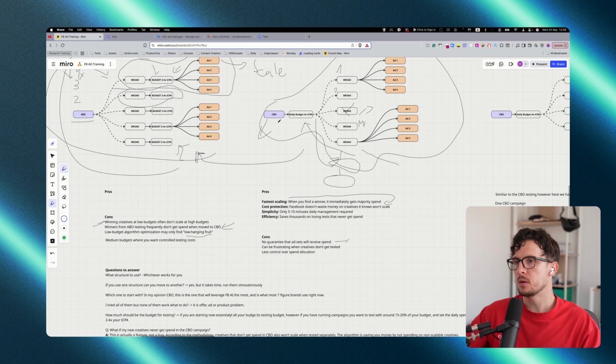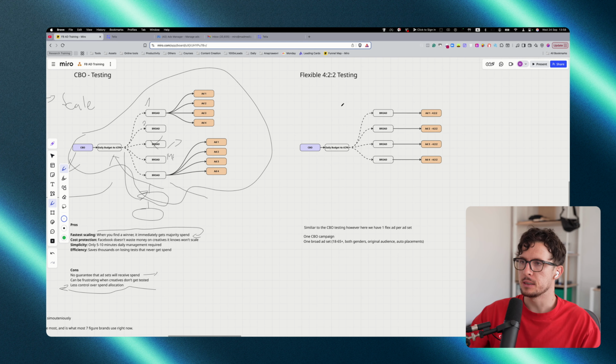If you want to scale, you need to focus and spend more on top of the funnel ads and new customers, but the CBO chooses simply because the purchases come most from the bottom of the funnel to spend the budget there. And long term, this will be bad for your business. So this is one of the cons when it comes to this type of setup. And if you want to scale and find more new customers, it will be a bit difficult when you run everything in one CBO.